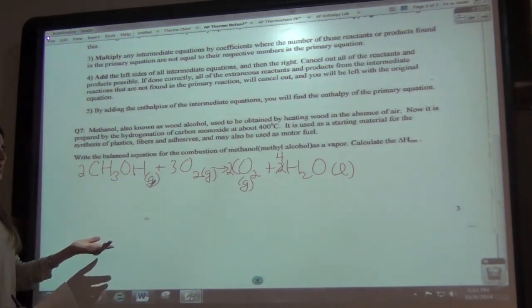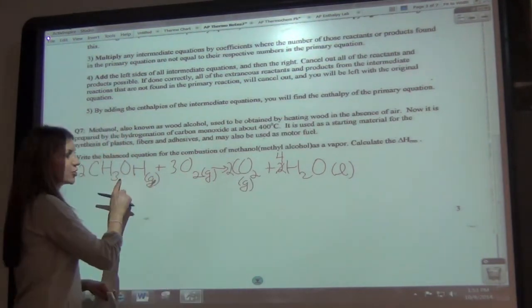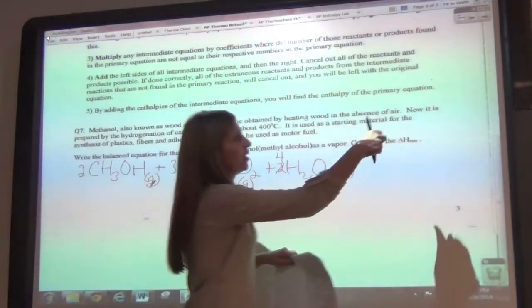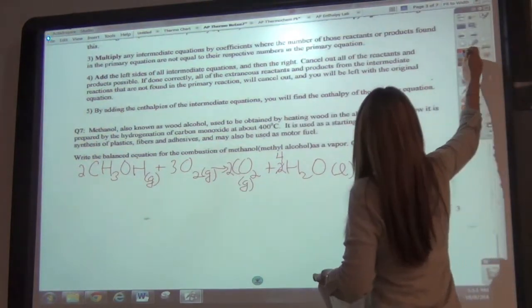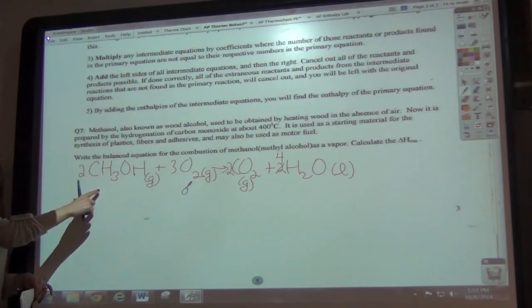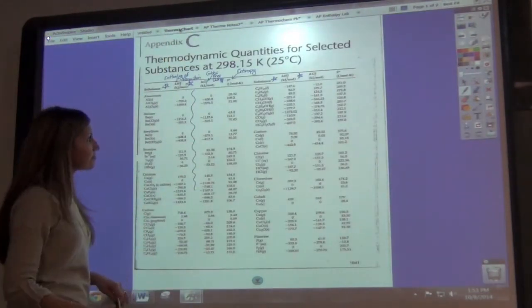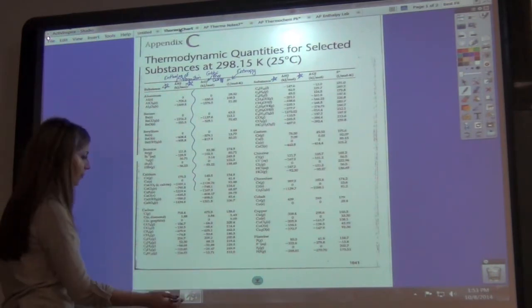because we can. Everything's on the chart, so we can figure out what that is. So let's write down what our values are for each one of these. Oxygen we know is what? 0. Good. Okay, so that one's 0. And let's see if we can figure these out. So CH3OH gas, let's take a look at the thermo chart. Negative 201.2. Perfect, negative 201.2.